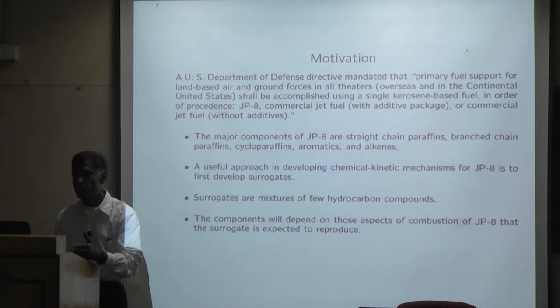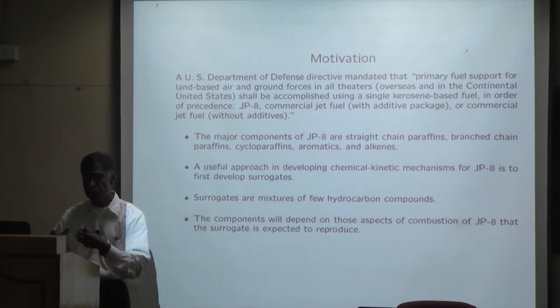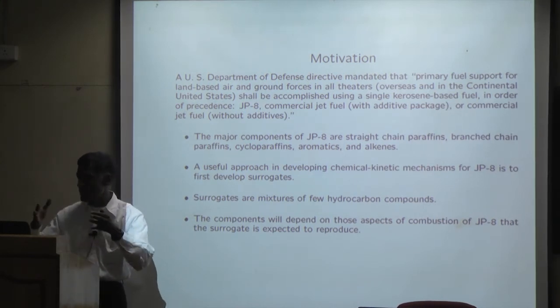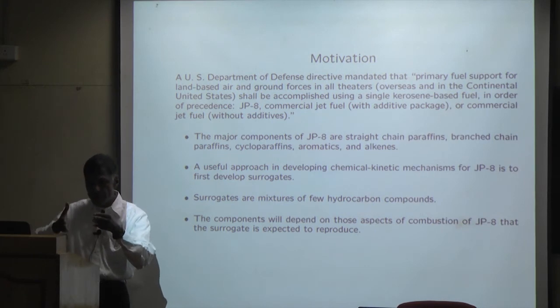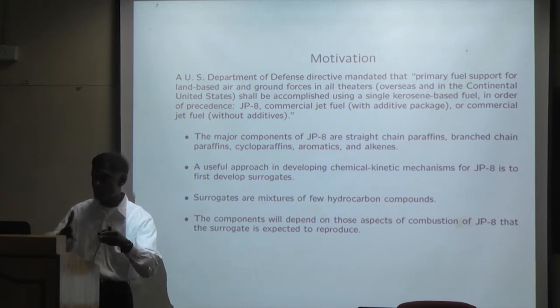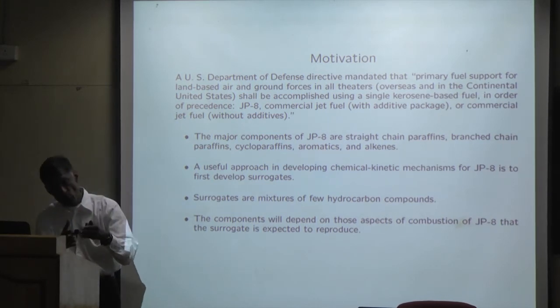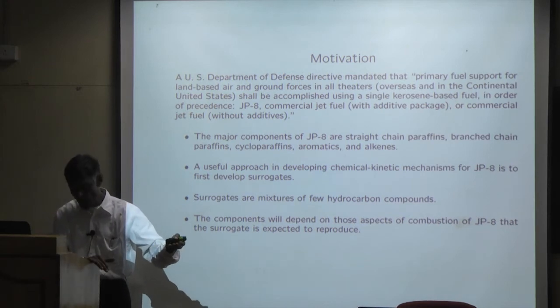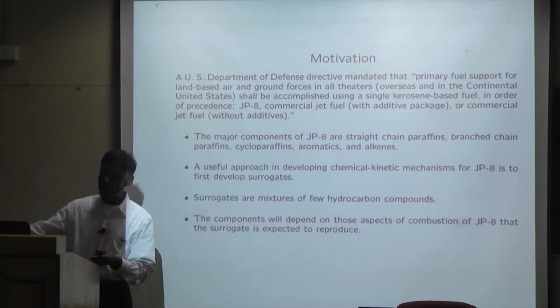You select a surrogate based on the composition, then you see how the surrogate reproduces what the real fuel does. For example, if you want a surrogate to do flame propagation, it's not going to do ignition.